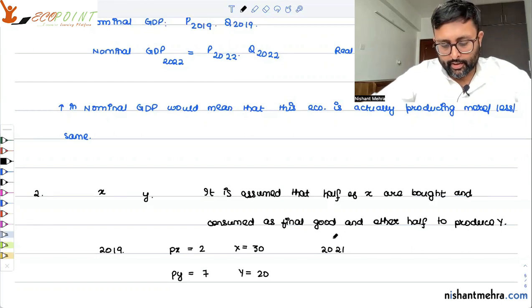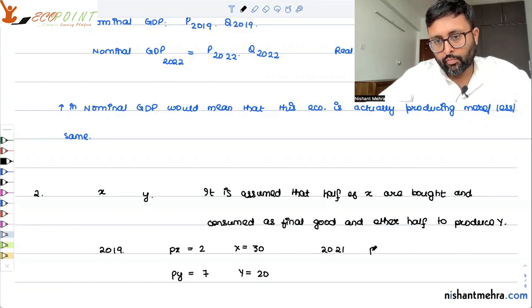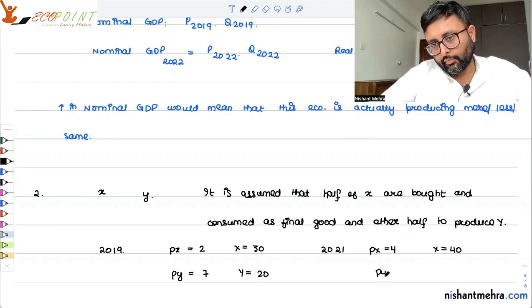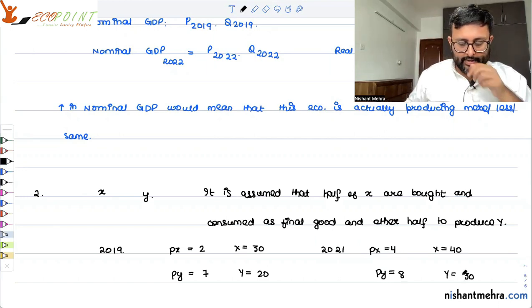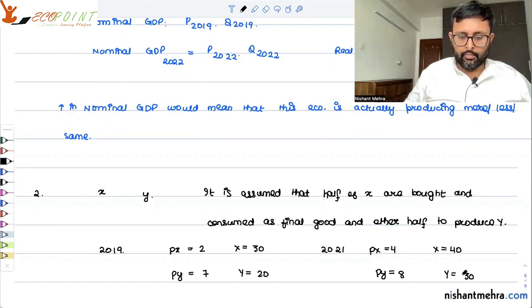And 2021 है, Px is 4, X is 40, Py is 8, Y is 30.